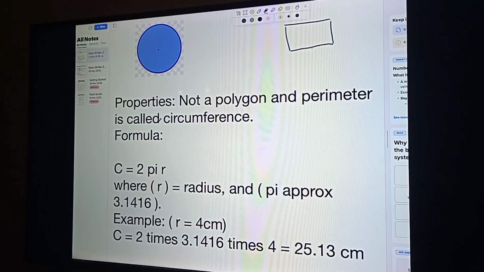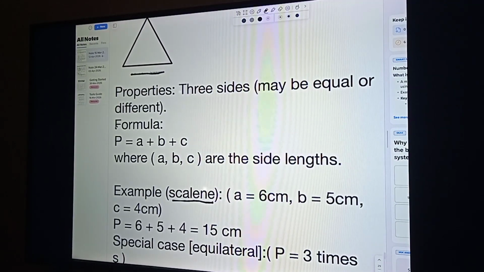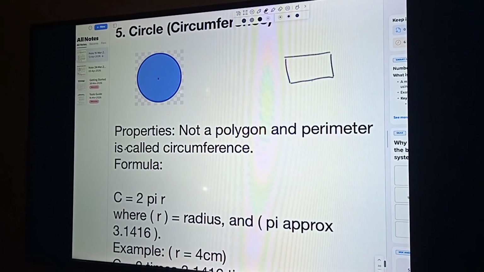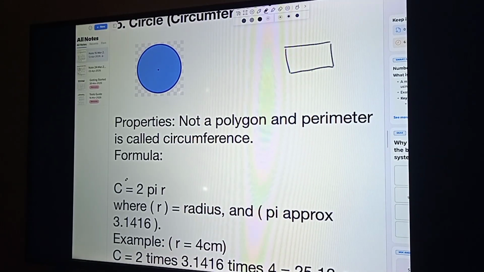The formula for the circumference of a circle is represented with C. Like in the previous shapes, we represent the formula with P, but we cannot use P here because the outside boundary calculation of a circle is called the circumference.